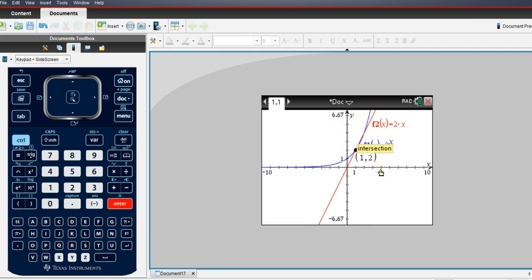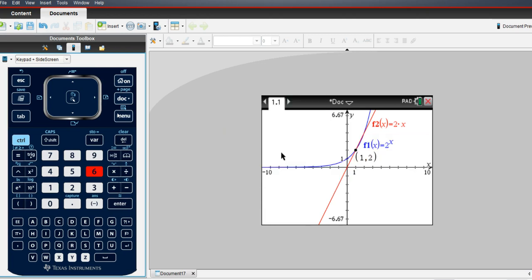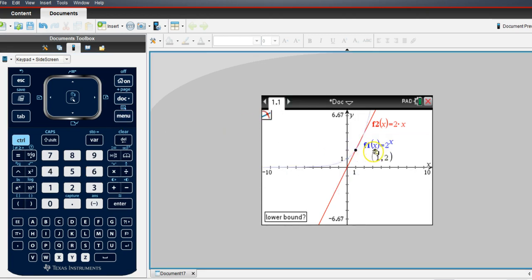Right, and there's one at 1, 2, and then menu, analyze, intersection. And there's our other one at 2, 4. Okay, so that's what we looked at before, so that's still an option for solving these.